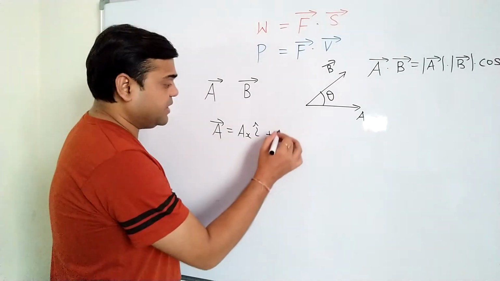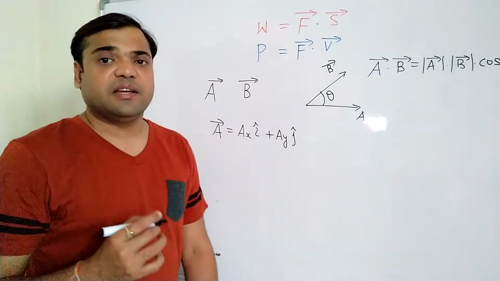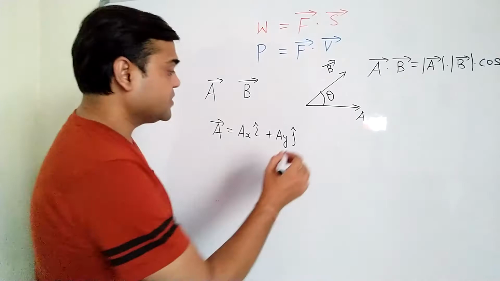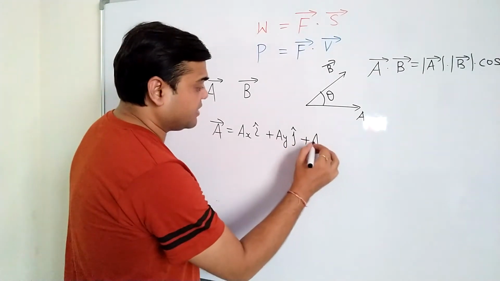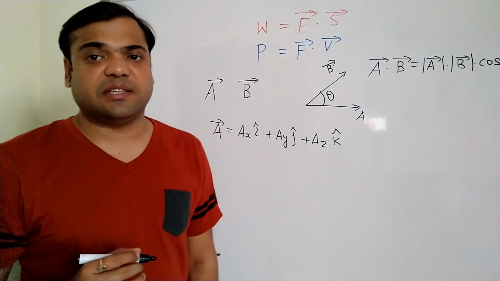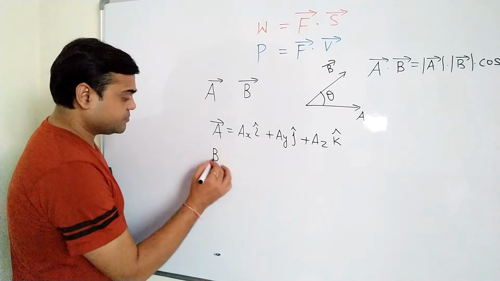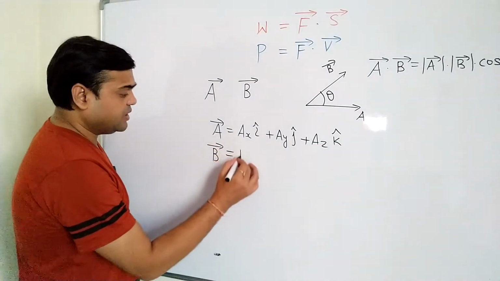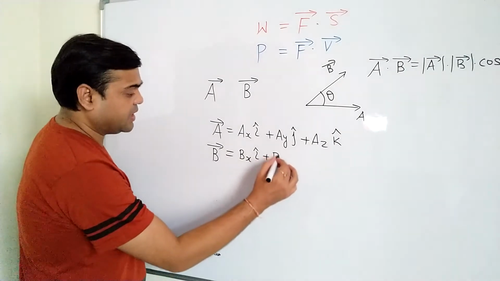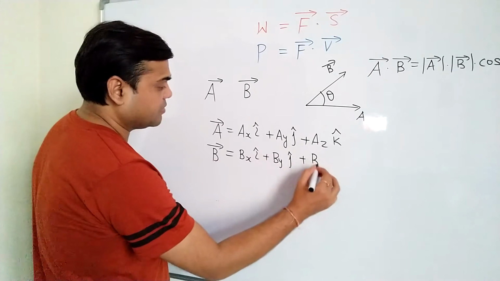The next term will be the y component of vector A, that is ay, again with a unit vector along the y axis, that is j cap, and the z component of this vector, that is az, with the unit vector along the z axis, that is k cap. Similarly, I can also write vector B. Vector B is bx i cap, similarly by j cap, and bz k cap.